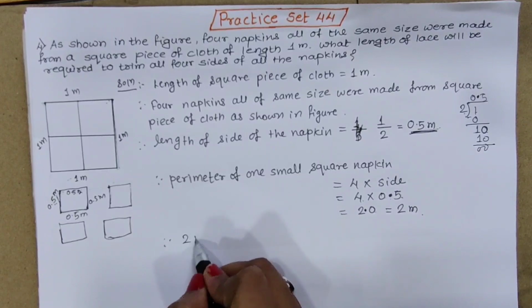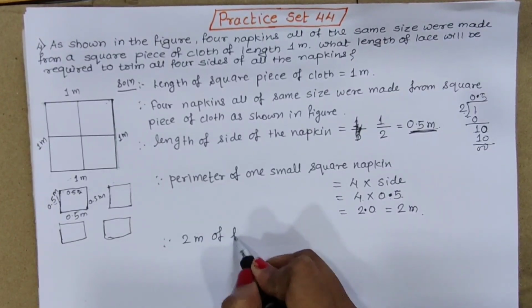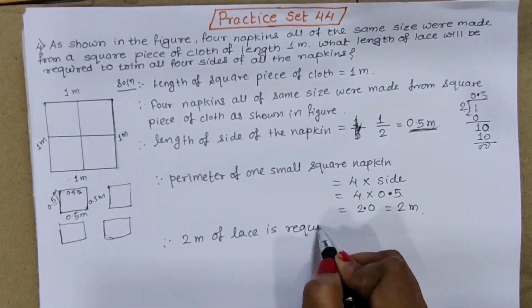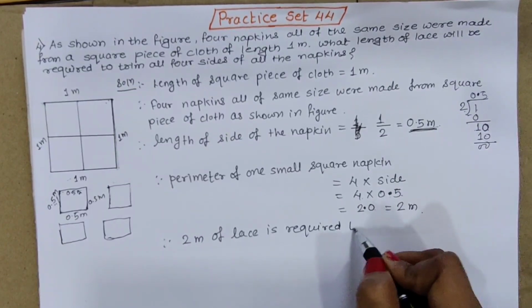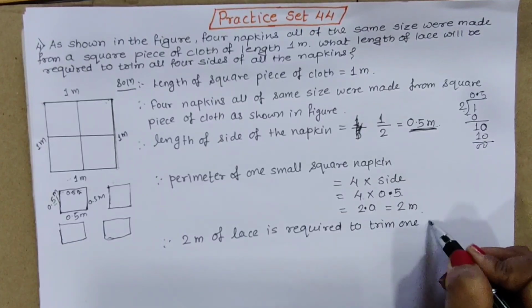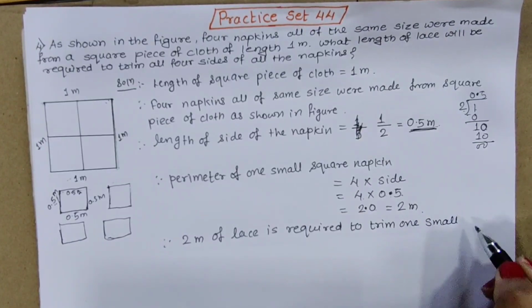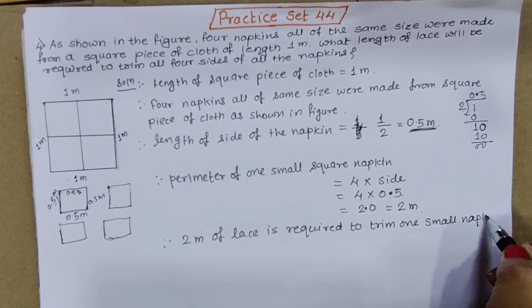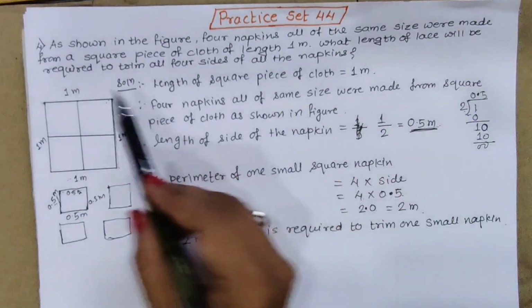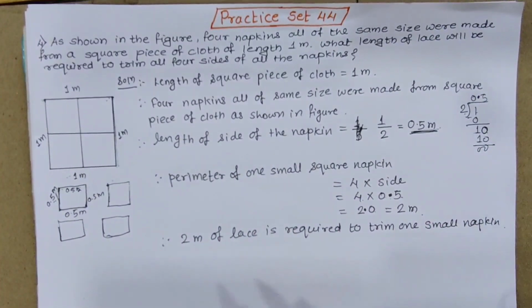Therefore, 2 meter of lace is required to trim one small napkin. So we have to find the length of lace required to trim all 4 napkins.